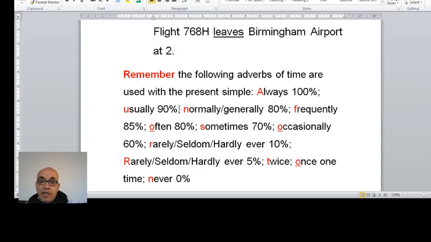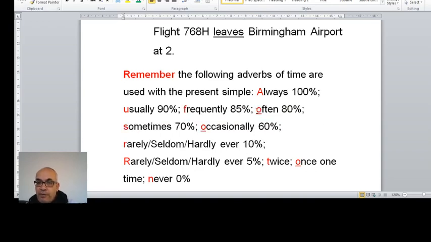Usually is 90%, normally or generally is 80%, frequently is 85%, and I have to put frequently before. I think frequently goes before, so I can take this one here. It was a typing mistake, sorry.